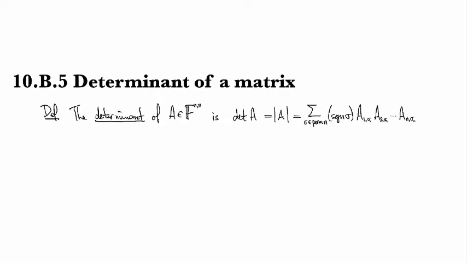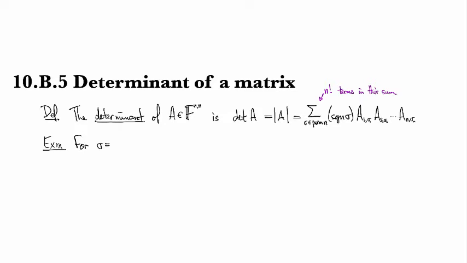Now notice that this is a sum over all permutations, so there are going to be n factorial terms in this sum because there are n factorial permutations of length n. So computationally it quickly becomes unwieldy, but theoretically it has some interesting properties. Let's look at an example to see what this grotesque formula actually means.